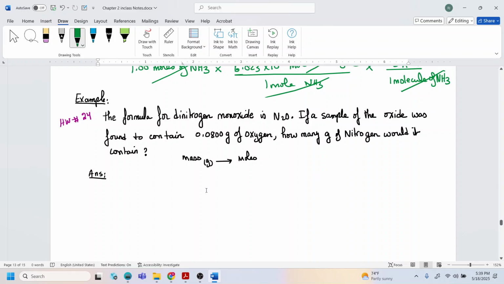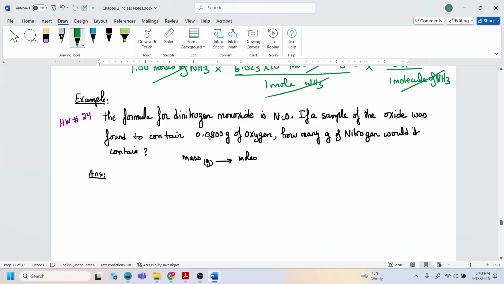So here I'm just going to solve it in one equation. There are 2 ways to solve it, and you choose whatever method you understand better. Okay, so I am given the mass of the oxygen, and I want the mass of the nitrogen it contains. So I know that N2O is simply a compound, right? It is a molecule in there.